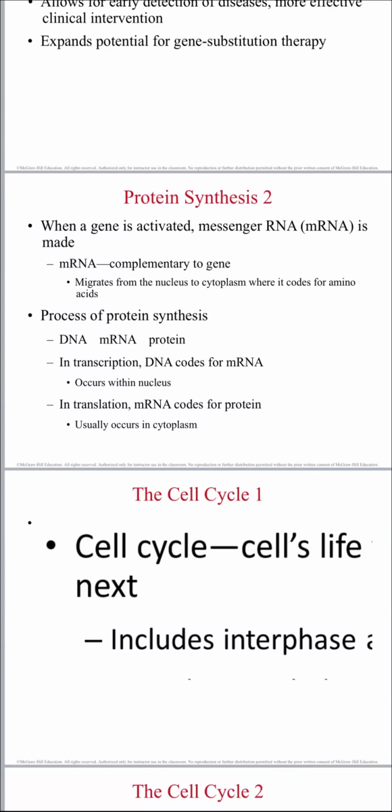So I have enzymes that will bind to that specific region, a binding site for the gene, and start reading that gene and base pairing. That's all we do. As we base pair, we form messenger RNA, and the messenger RNA is then transported out into the cytoplasm. The messenger RNA is complement to the gene.